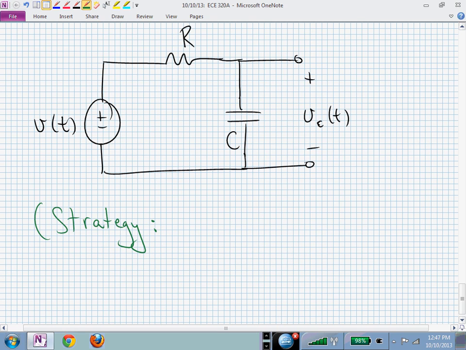So we want to focus on the voltage of our capacitor, meaning we might want to write these equations in terms of the capacitor voltage. That's our strategy.